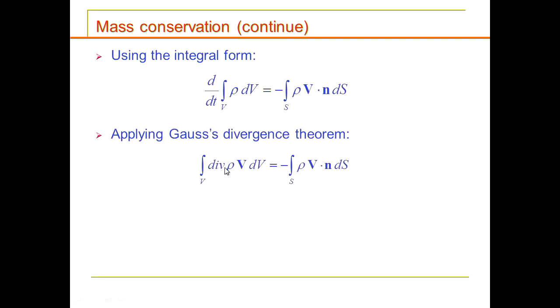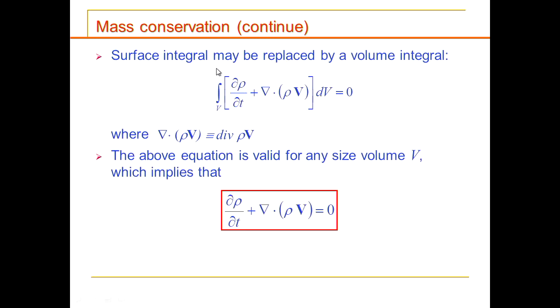Once we do so, we put this into this equation, put the minus to the left-hand side so it becomes a plus, everything plus on the left-hand side. And then the integral over V equals 0, so we can take out the integral, and hence we come to this form, which is the general form of the conservation laws. And this will agree with what we are going to derive in the control volume method as well.